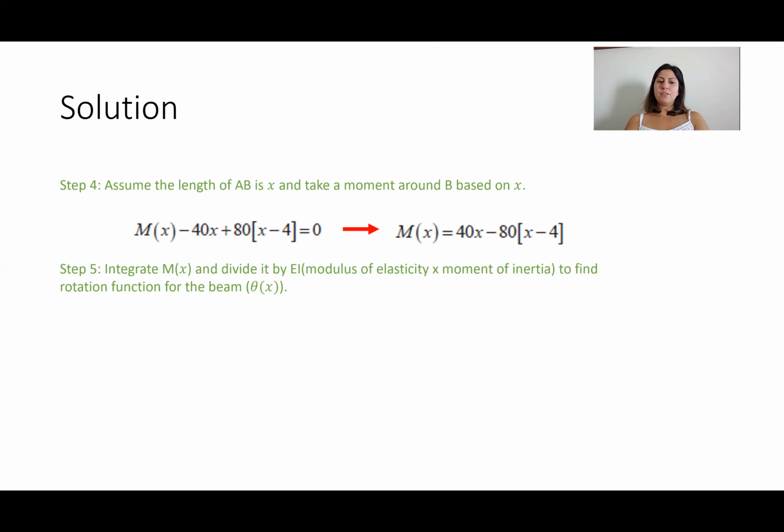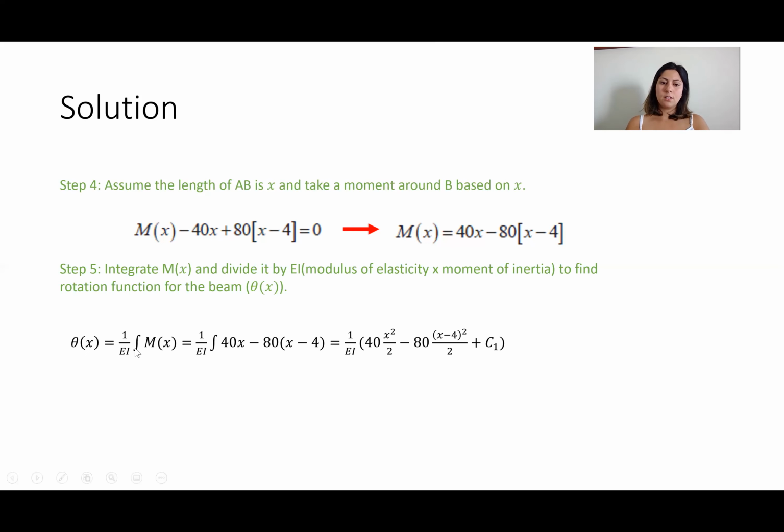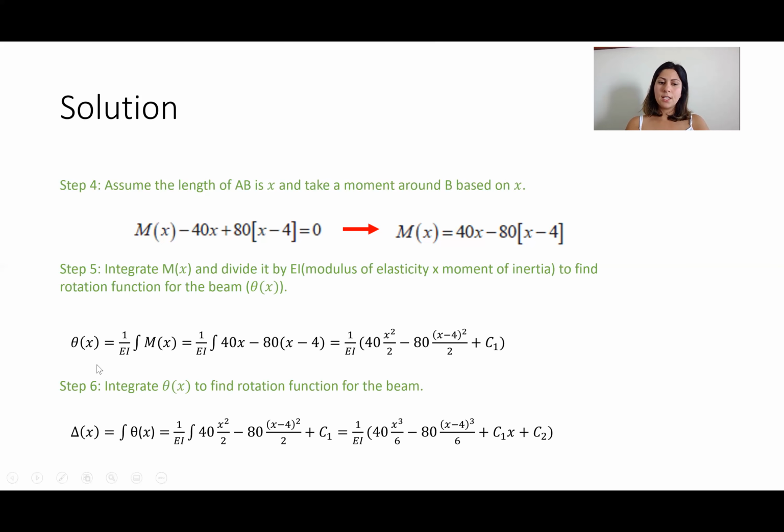Step 5, we want to integrate this twice. Once gives us the rotation at any point of the beam, and the second one gives us the deflection at any point of the beam.